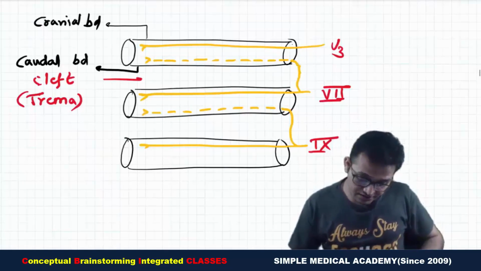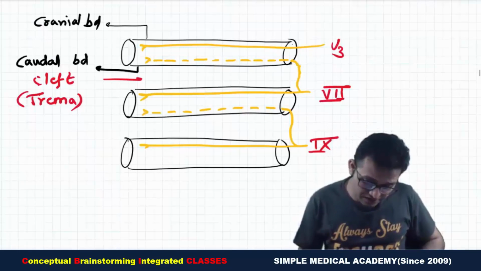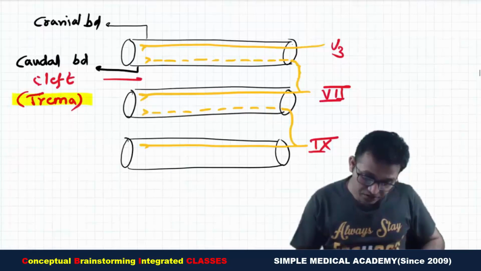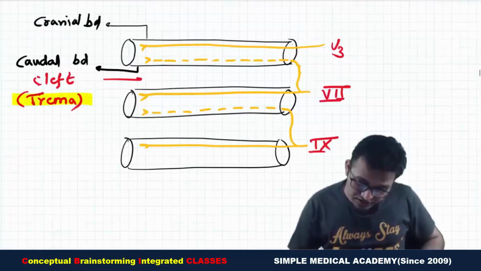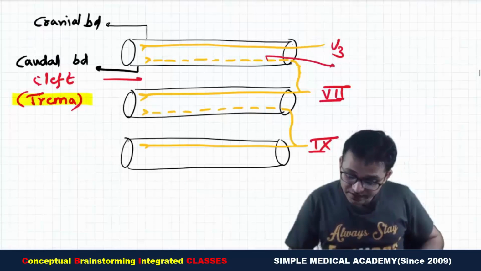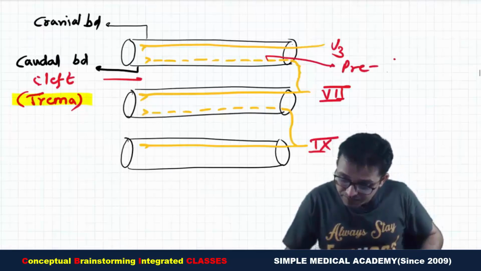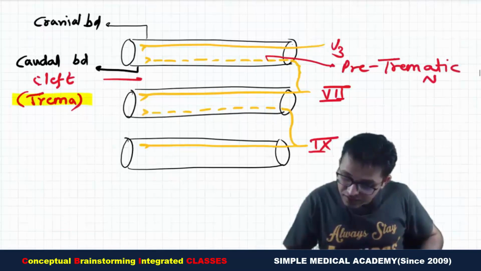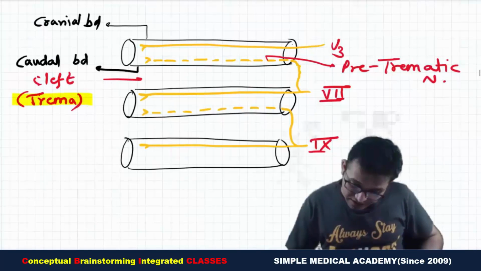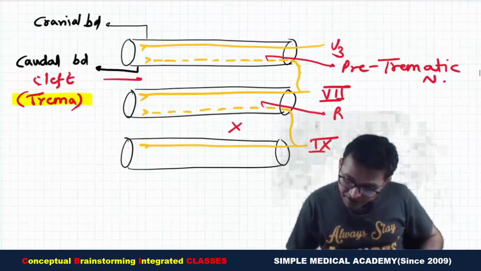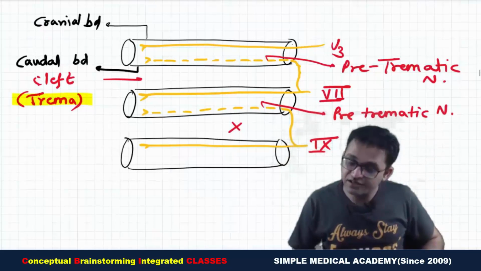Because this part is known as the trema, this nerve should be known as pre, because it is above, that's why it is known as the pre-trematic nerve. Can you see, this is the trema, so this is the pre-trematic nerve.